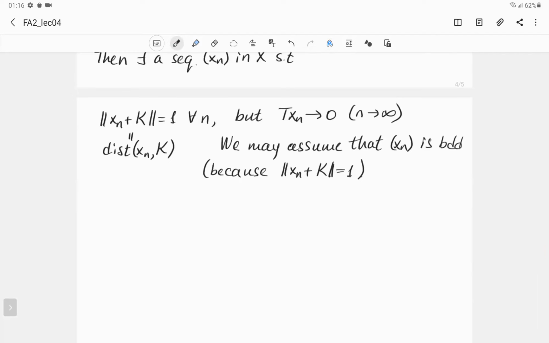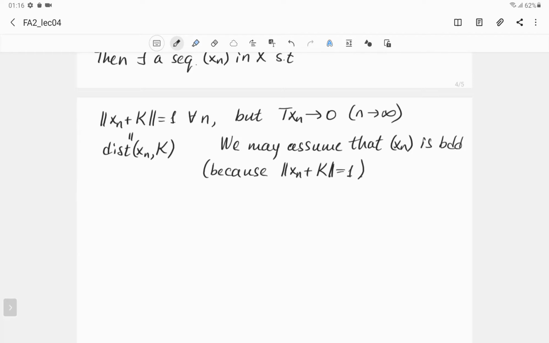Okay, so xn is bounded, and S is a compact operator. So the image of the sequence sits in a relatively compact subset. And so we can choose a convergent subsequence from S of xn.